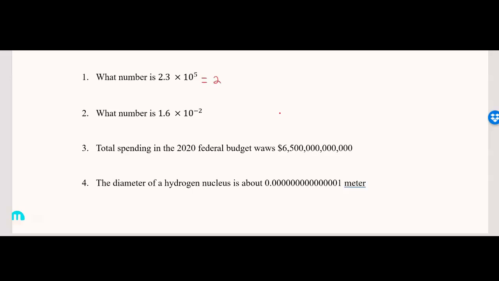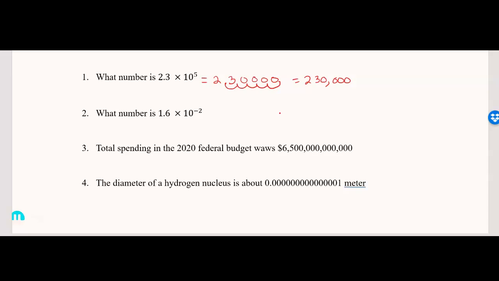Okay, so I start off with 2.3. The 5 tells me I'm moving to the right 5. 1, 2, 3, 4, 5. So the number that we're actually looking at here would be, and I'll just write it out neater, 230,000.